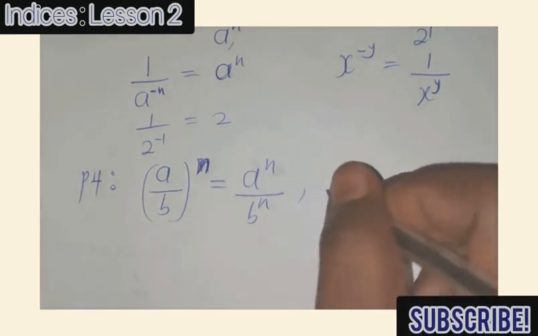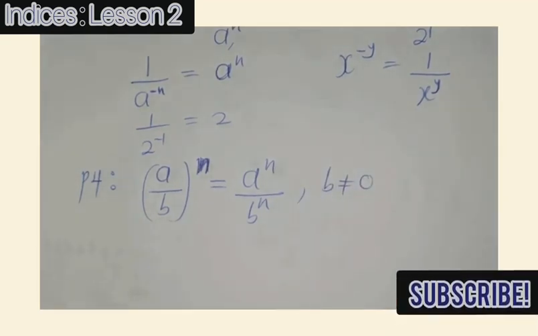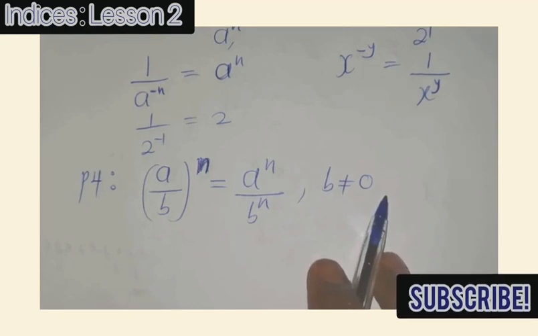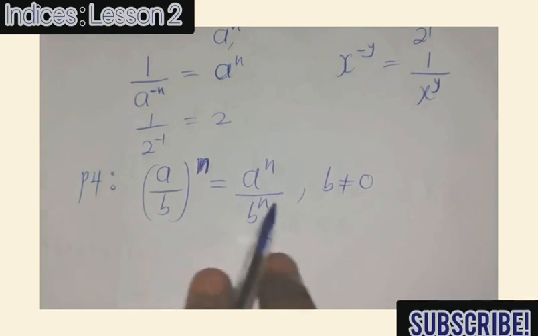So here the emphasis also is saying that providing b is not equal to 0. So let's take note that b is not equal to 0. We can rely on this approach, and we can say that this is also equal to this.